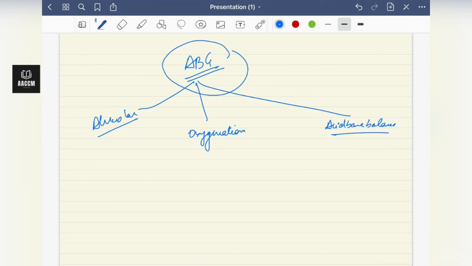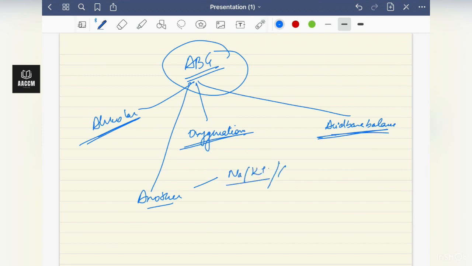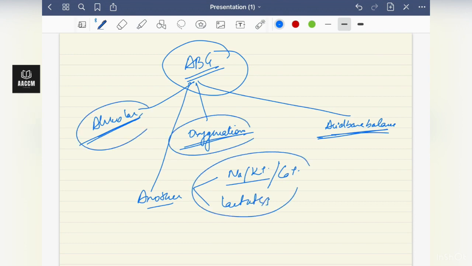From one ABG we can have the ventilation perspective, the oxygenation perspective, as well as the acid base balance. Not only that, there is another advantage: we can have the electrolytes, that is sodium, potassium, calcium, and lactates. All these are very important in a setting of critical care medicine or anesthesia or in any field.